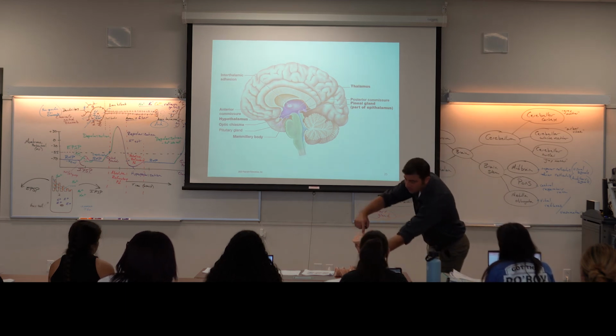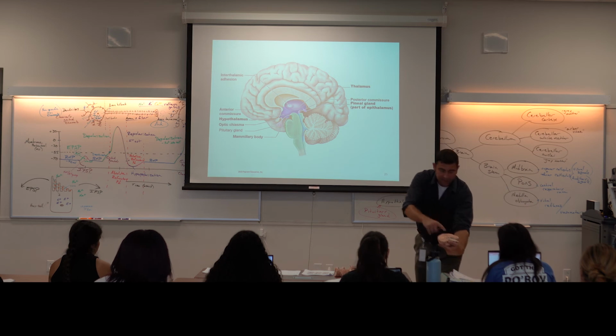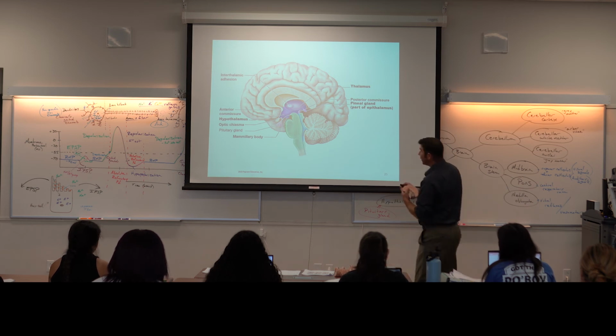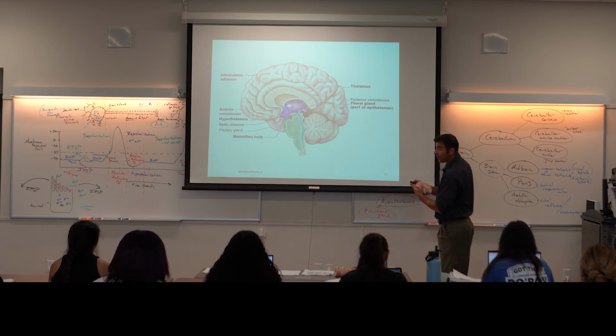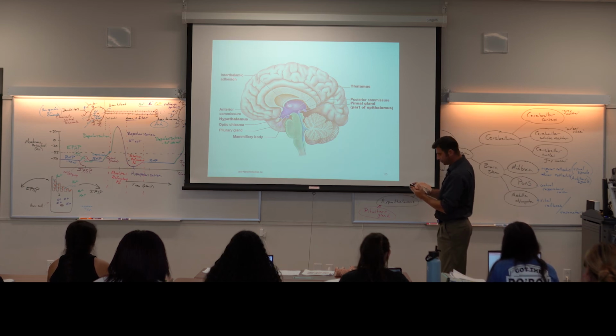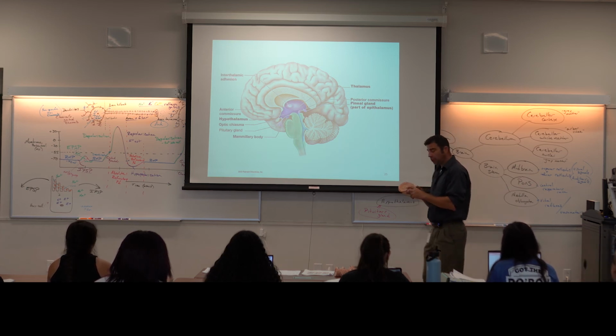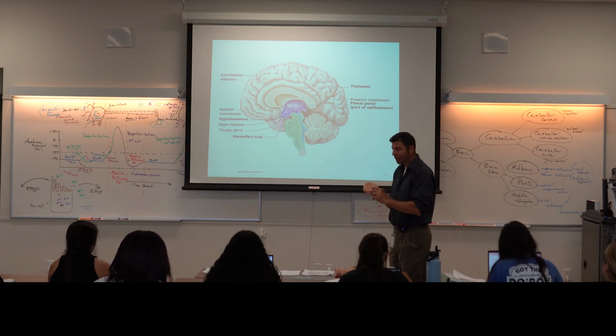Can everybody see that little golden colored dot right in the middle of these models? That golden dot is not the thalamus, but it is a structure embedded right in the middle of the thalamus. This is a structure called the interthalamic adhesion. That little gold structure is the interthalamic adhesion.